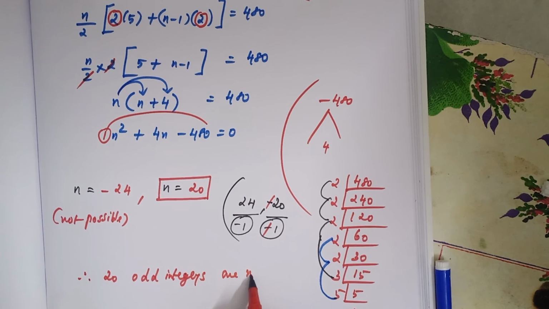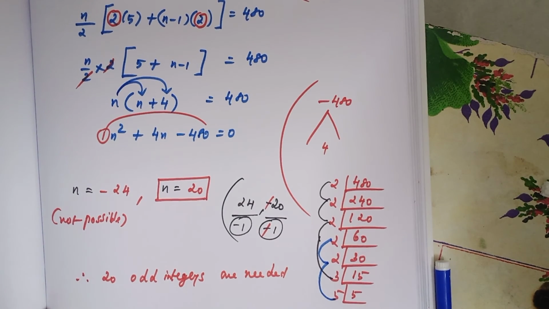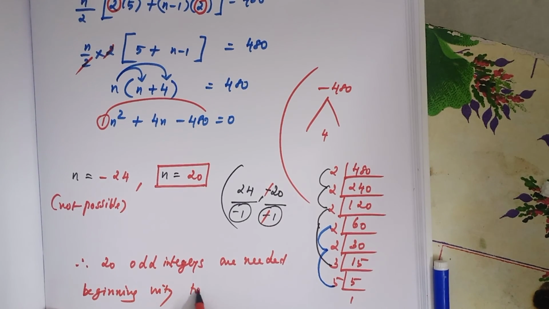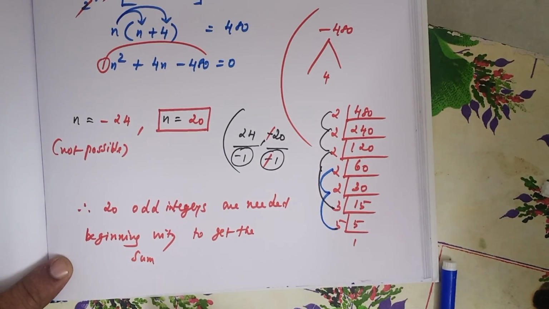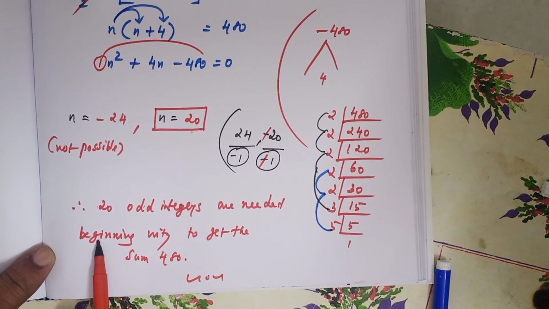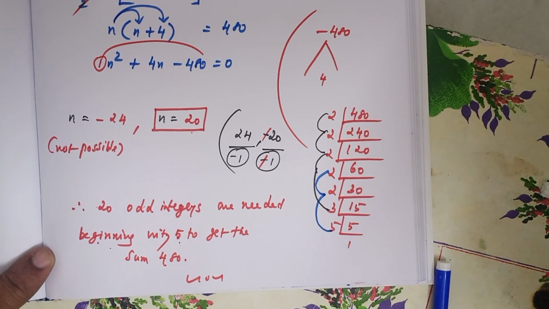Again I tell you, 20 odd integers are needed beginning with 5 to get the sum 480.